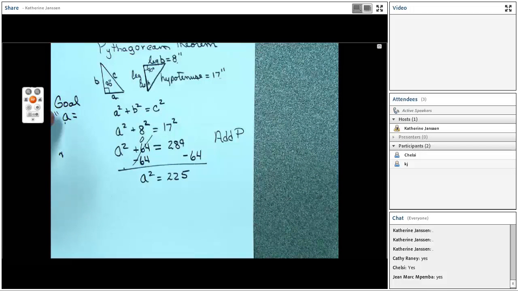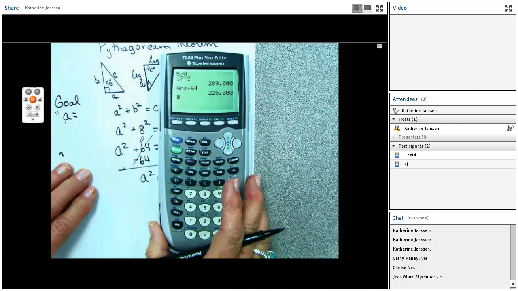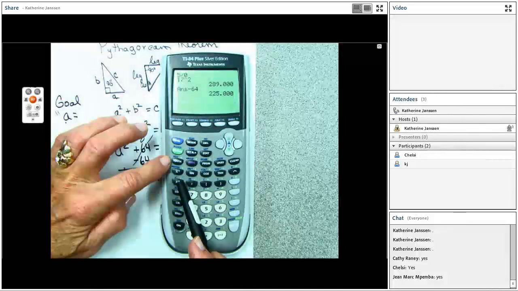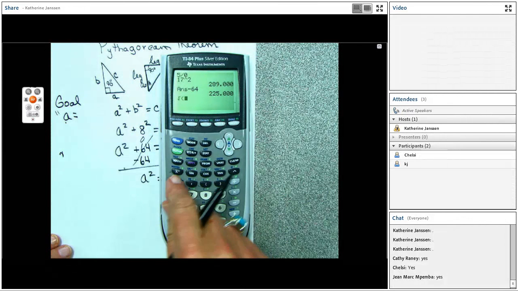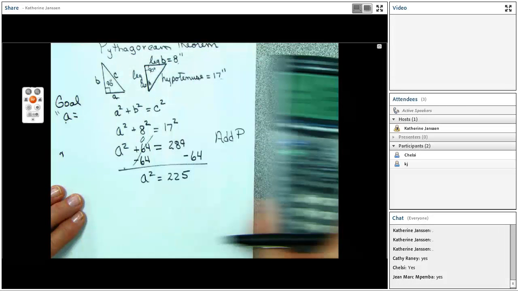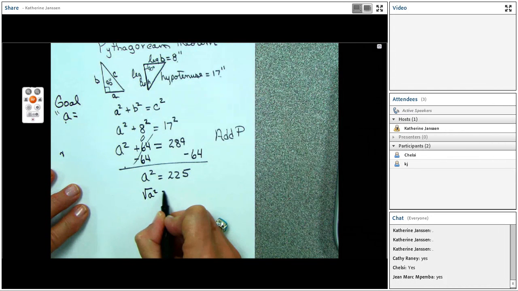We're solving for A. So the square root of 225. On your calculators, there's a square root symbol. 1, 2, 3, 4, fifth row, first column. Shift for the square root symbol. The square root of 225, close, 15. So I'm taking the square root of both sides.